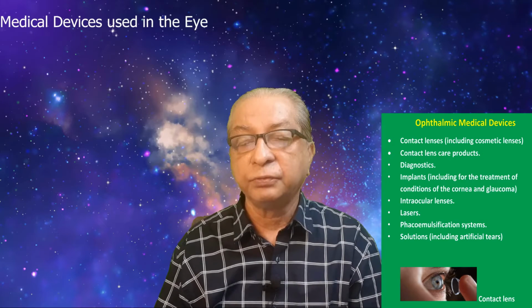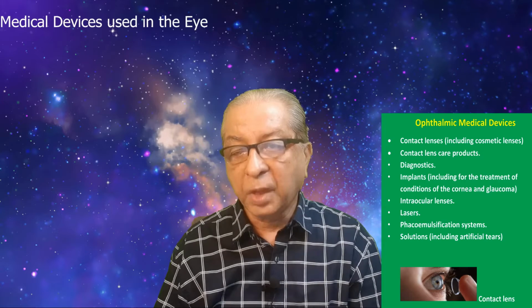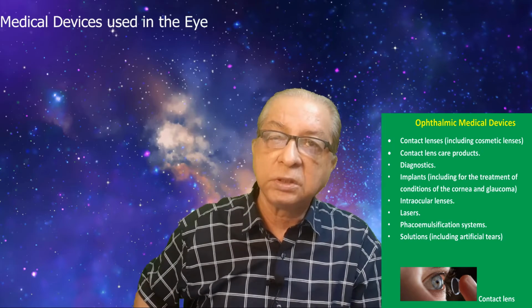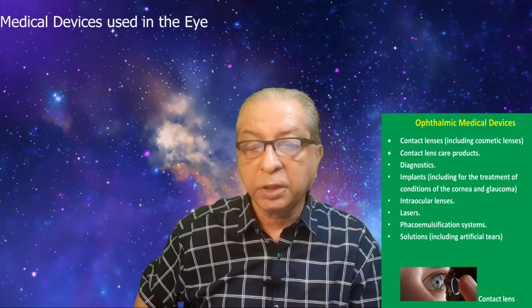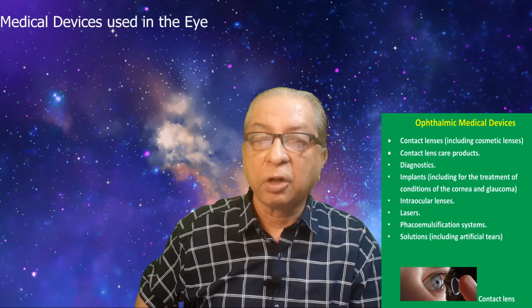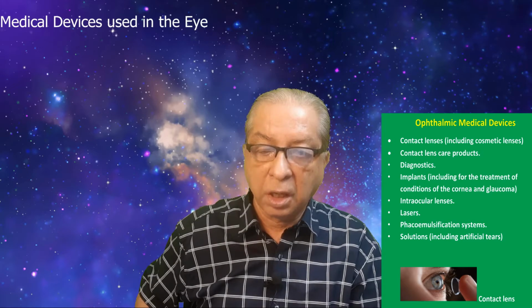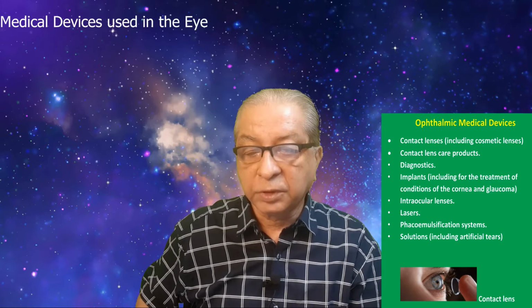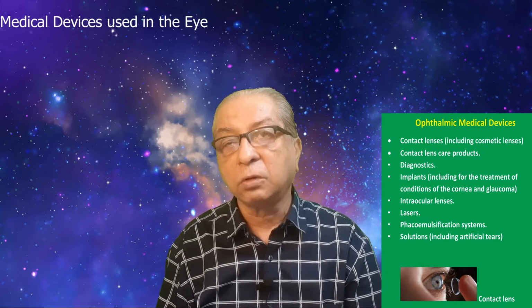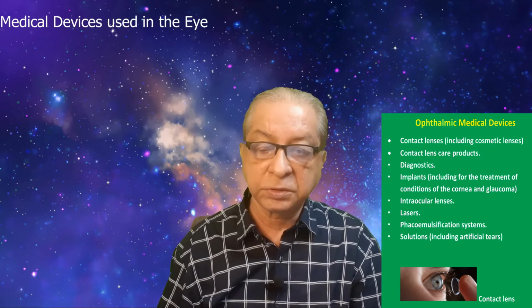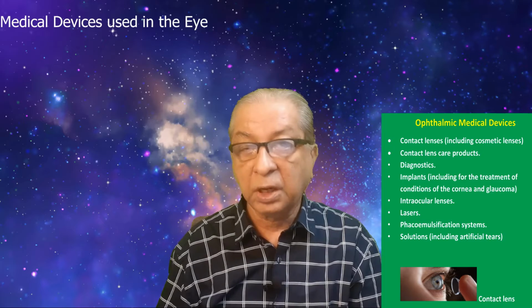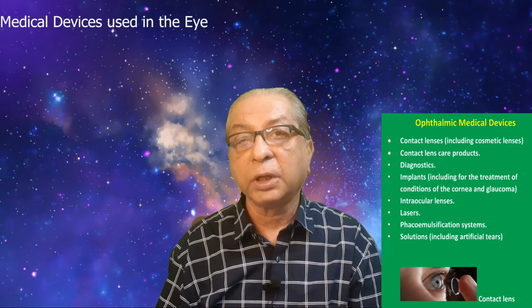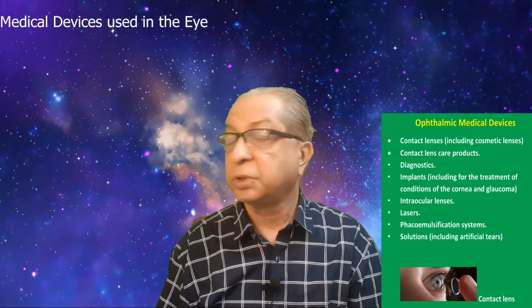Ophthalmology is the study of the eye. Examples of ophthalmic devices are contact lens care products, various diagnostics used in the eye clinic, implants, including for the treatment of conditions of the cornea, glaucoma, and scleral diseases, intraocular lens, lasers, and various pharmaceutical emulsions and solutions.